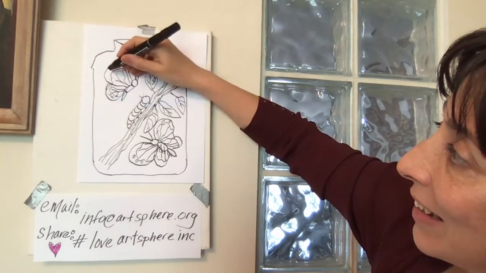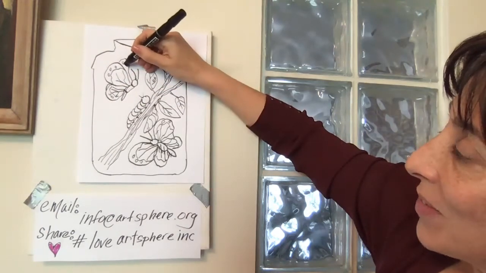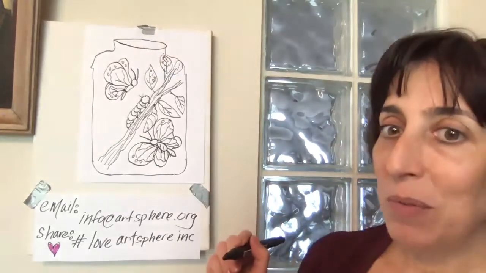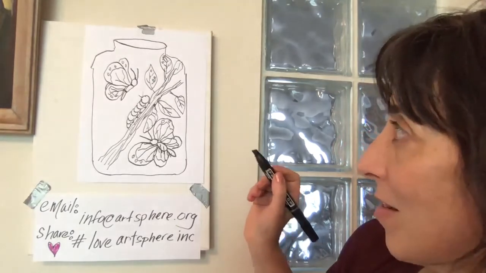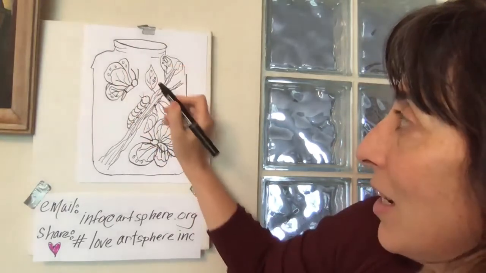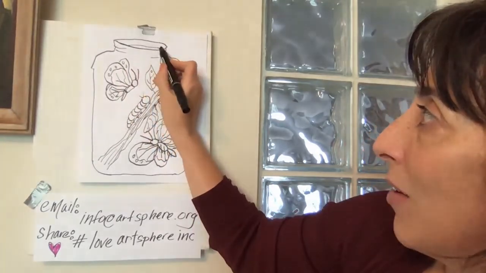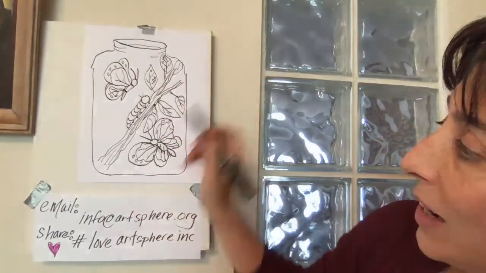And add some details. And of course, I love it when you do something creative. Maybe there's some other things that you've thought of that we could add on ours. I'm going to add some little details here for our jar lid. You might want to add an opening there so our butterflies can fly free.